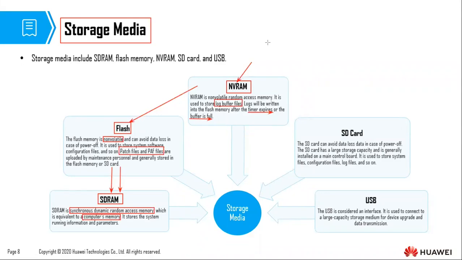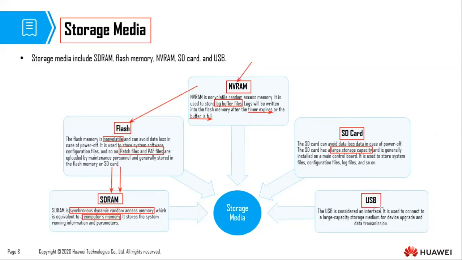Now, just like in your laptops, you might also have other slots, like we have a slot for an SD card. This is used to provide external storage. So if you have a memory card, then you can install it in your switch or router in order to increase the storage capacity of your permanent storage.